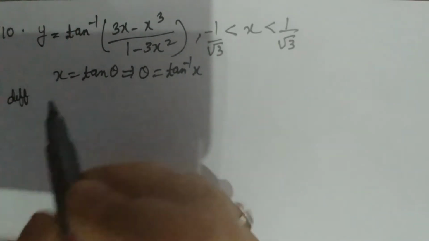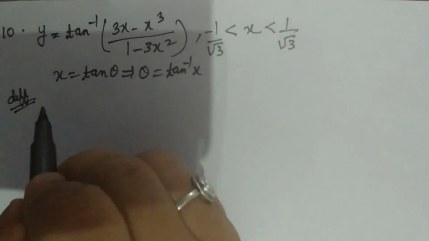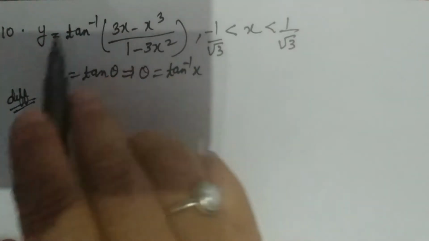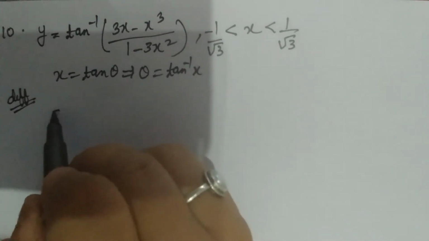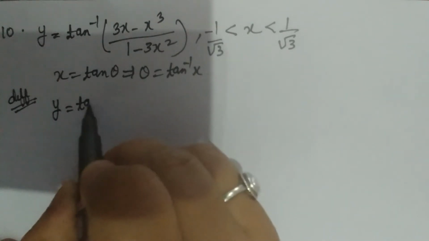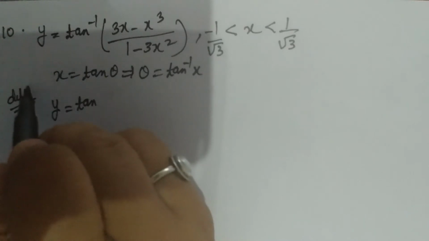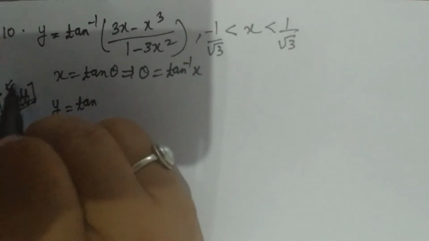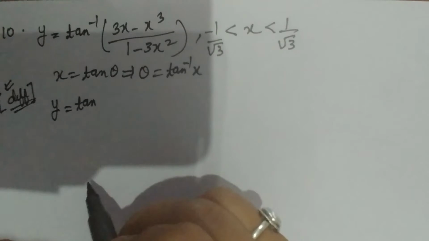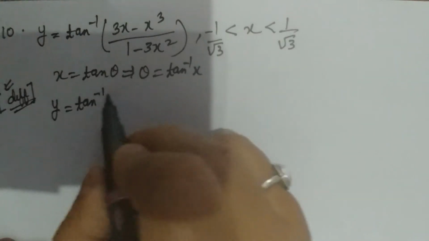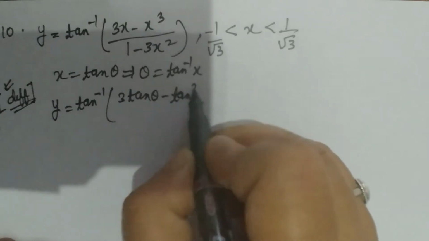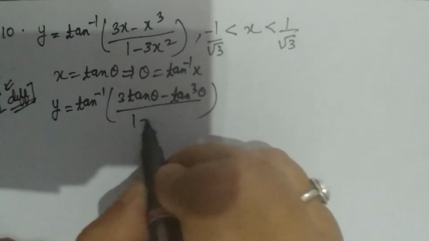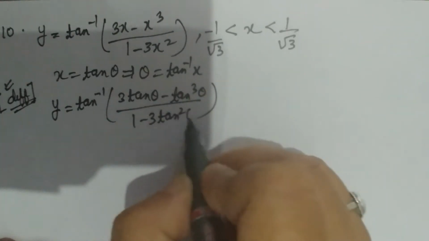We have not differentiated yet. For differentiation we need to first represent it in some simpler form. So y is tan inverse of 3 tan theta minus tan cube theta upon 1 minus 3 tan square theta.